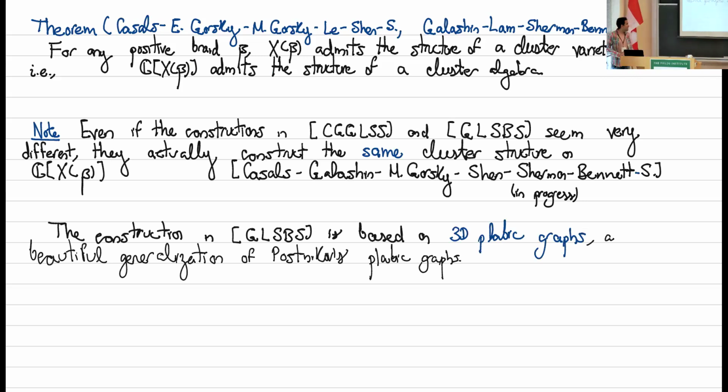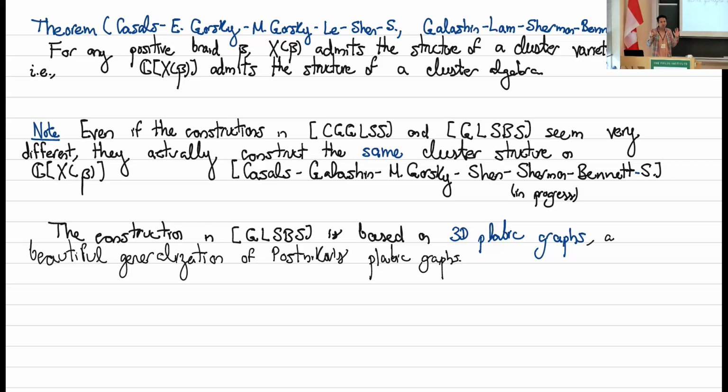The work of Galashin, Lam, Sherman-Bennett, and Speyer is based on a beautiful generalization of plabic graphs, which they call 3D plabic graphs. That may seem like a contradiction because plabic means planar bicolored, and then they're saying 3D planar bicolored graphs. The idea here is that they are bicolored graphs which are contained in a surface inside R3.